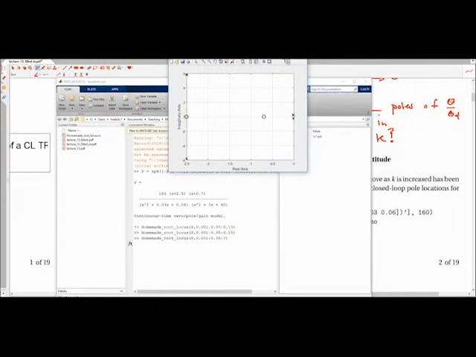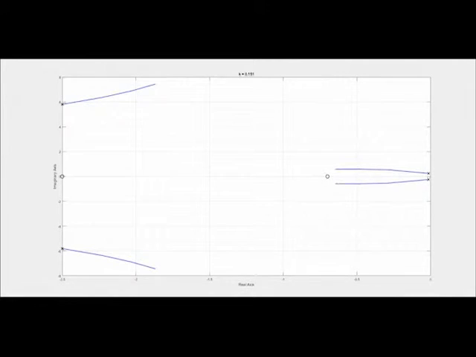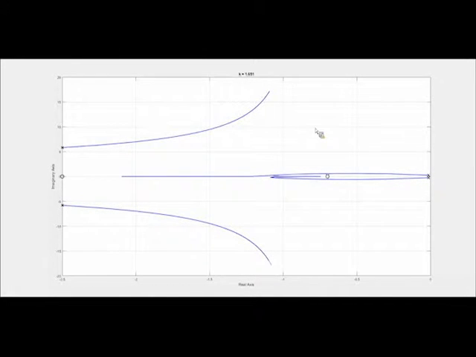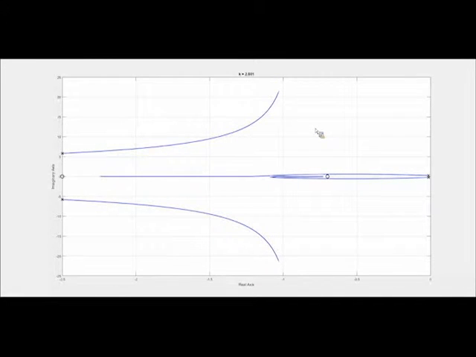Same image: these are the open loop poles of the plant. And as I change the value of k, which you can see up in the title here, we can see how the closed loop poles are moving. It's the very tip of these blue lines, the closed loop pole locations as we vary k.